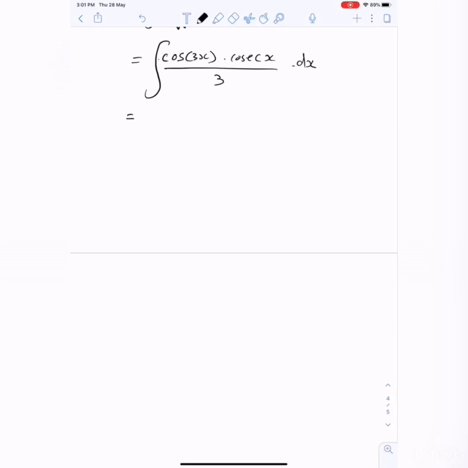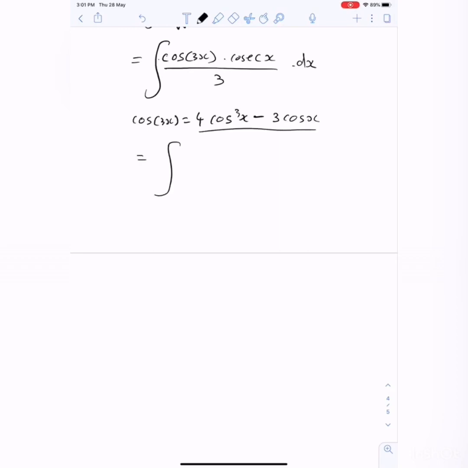Let's try to simplify cos 3x. So cos 3x is equal to 4 cos cube x minus 3 cos x. Let's substitute that over there.